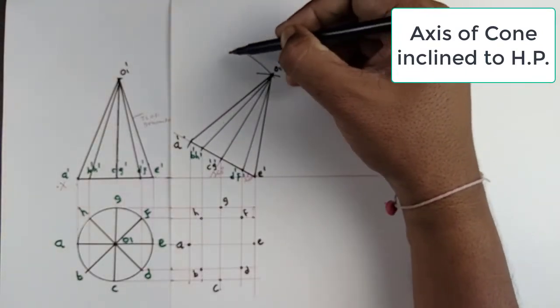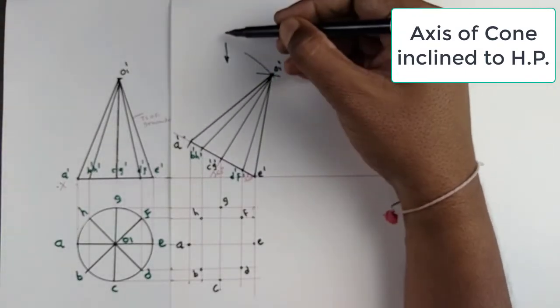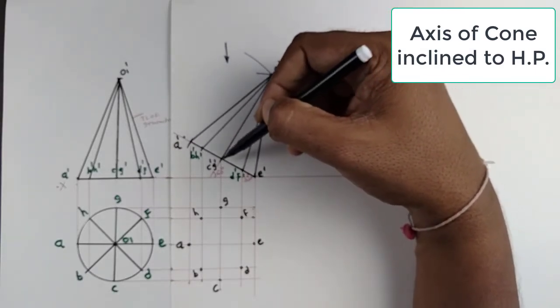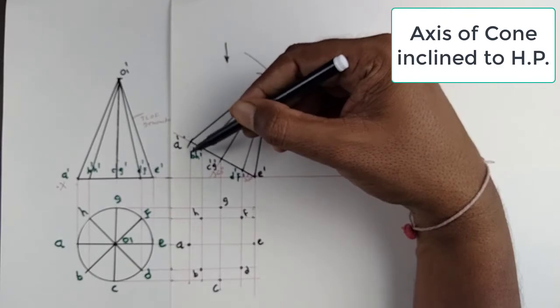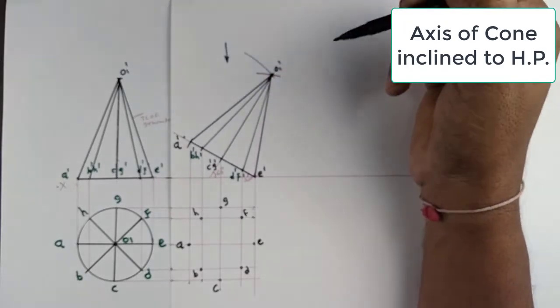Now from the top view orientation, when the observer sees the base, G, H, A, B, C of the circumference are visible.